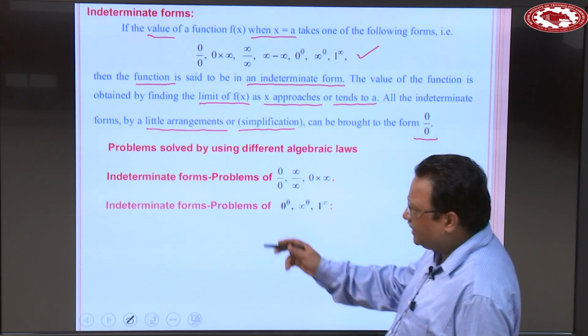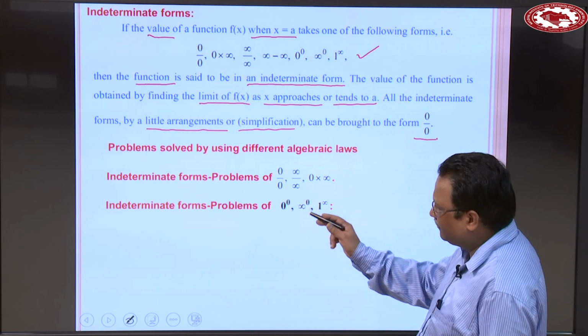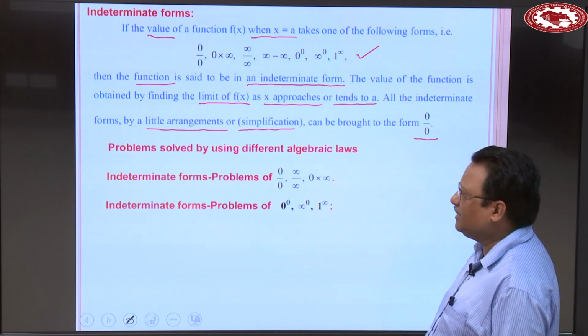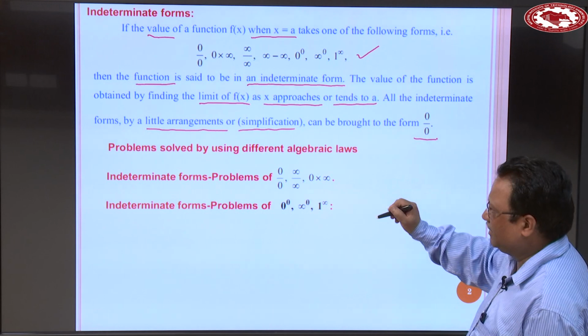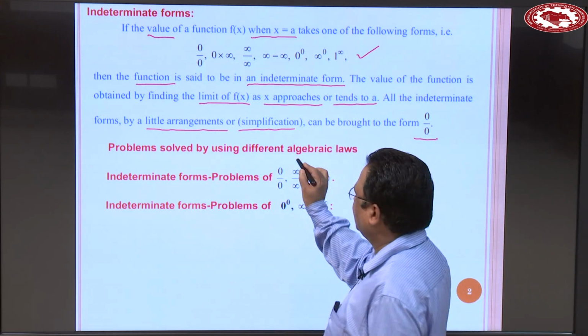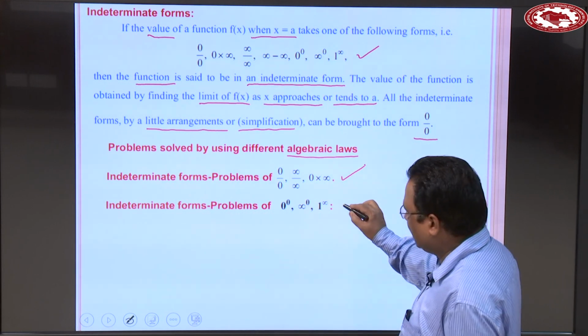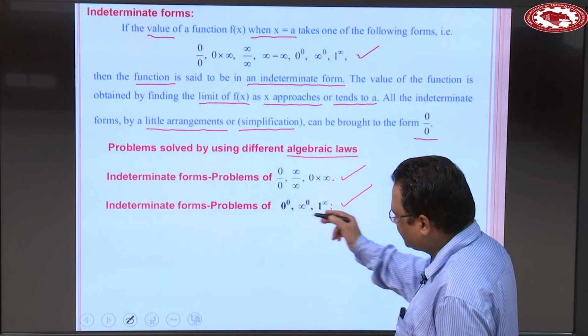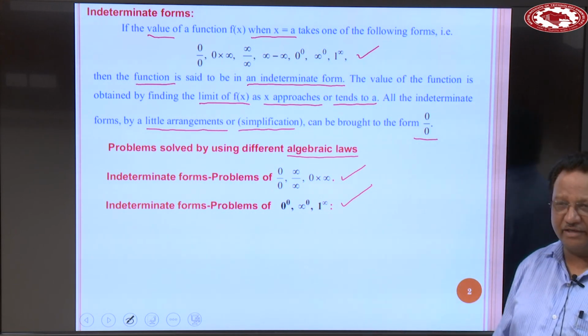And third indeterminate form is problems of 0 raised to power 0, infinity raised to power 0, 1 raised to power infinity. So, we can solve these 3 types of problems: first solved by different algebraic laws, then how can we solve this type of problem, and last one is if we have given this type of indeterminate form, then how can we solve the limit of the problem.